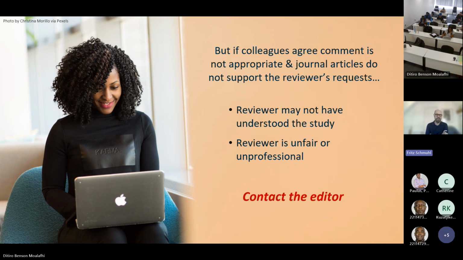In any of those cases, you should then consider writing back to the editor and sketch why you feel that the comments were unfair, why you felt that maybe language that was used was unprofessional, or it could be that you really have a very strong sense that the reviewer misunderstood what was being presented, and you can write back to the editor on that. Do take into consideration, though, you may not get the response back that you want or a response at all. So that's also something you have to bear in mind.